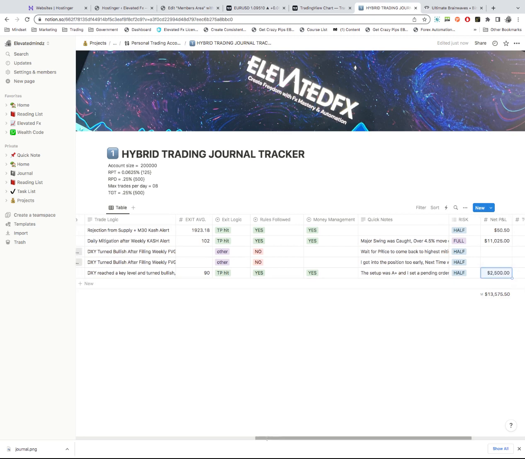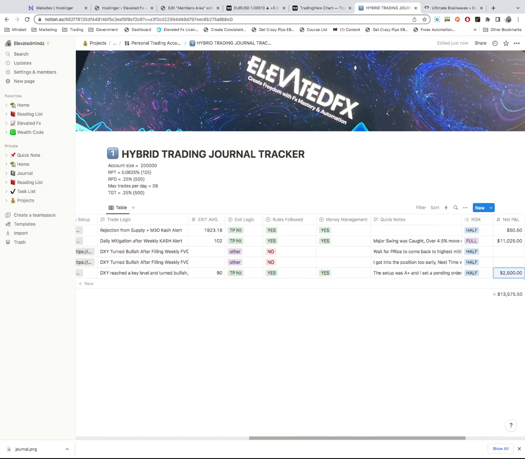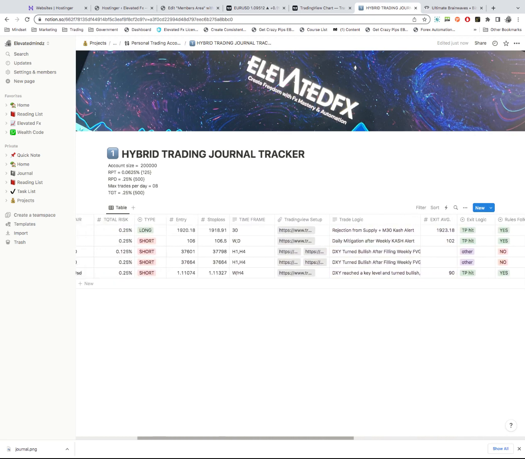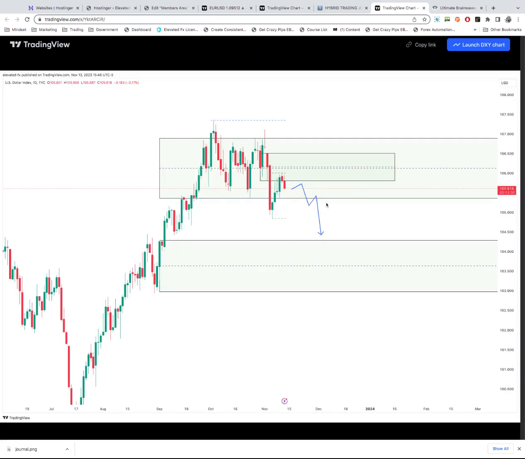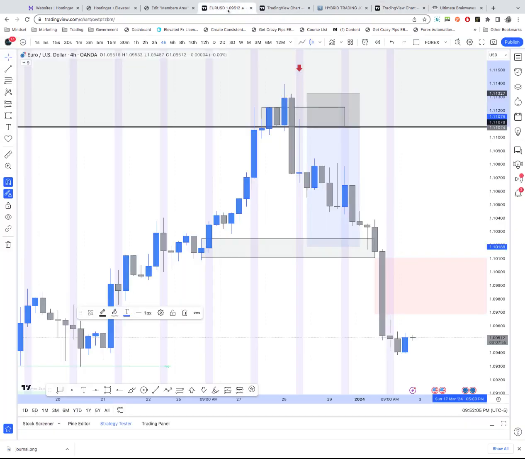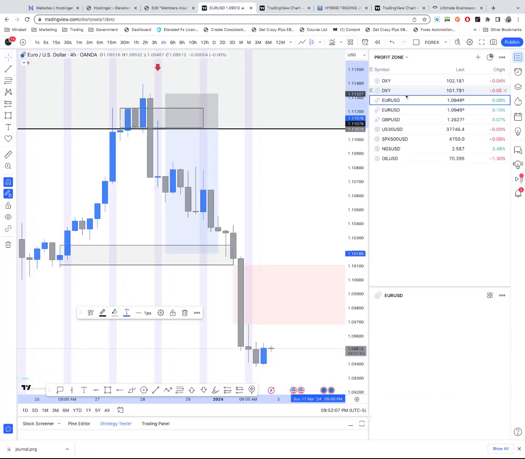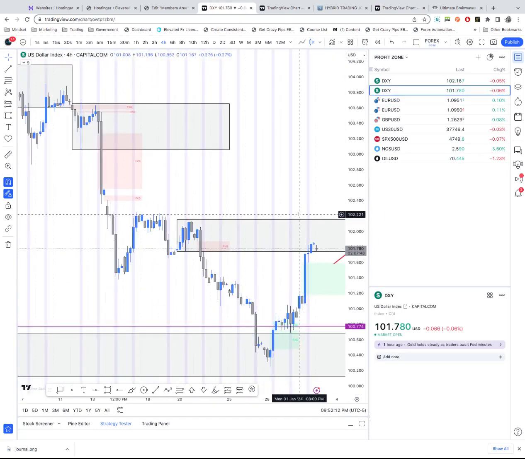But again, the point is, I'm tracking this information in a way where, I'm going to give you an example, this DXY, right? In a way where when I look back at it, when you're looking back at your setups, you can see what happened, and you can see whether or not it was a good trade to learn from, to grow from, and to replicate, or if you should never do that again.